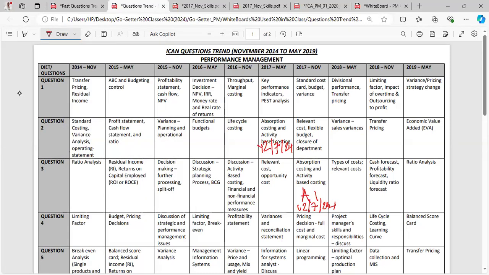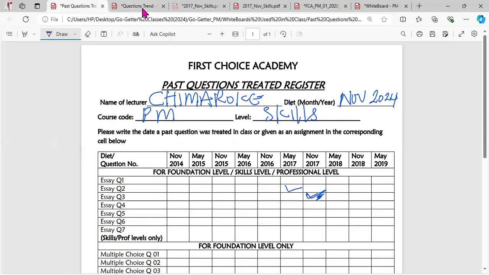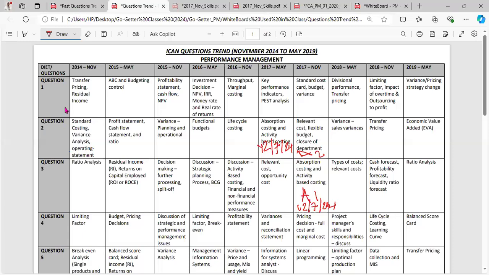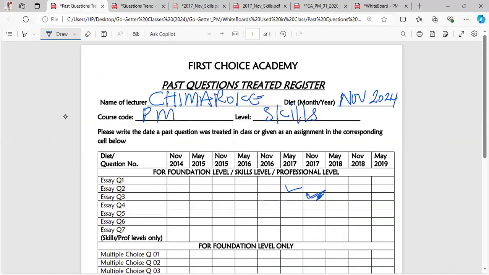Assignment 2 is November 2017, question 2.